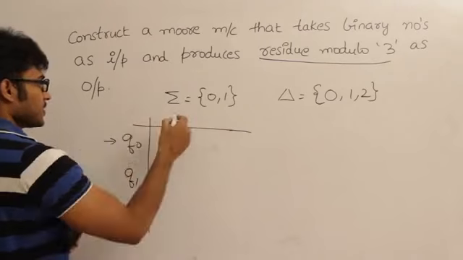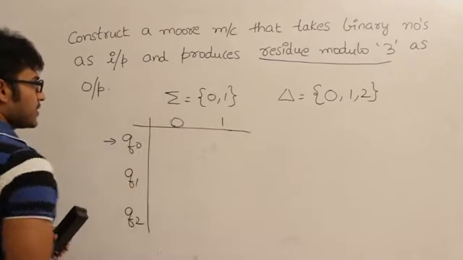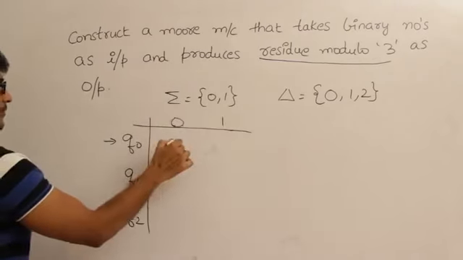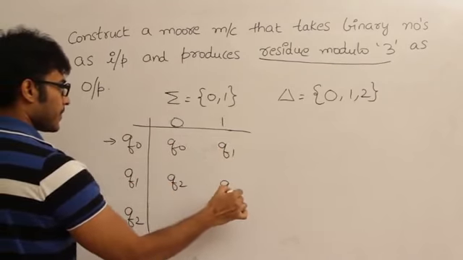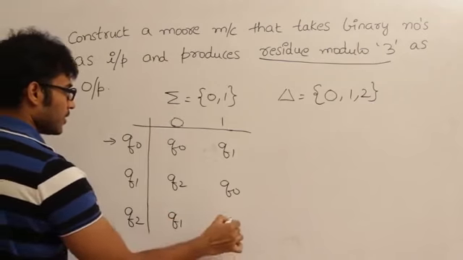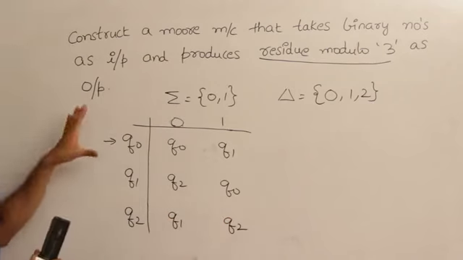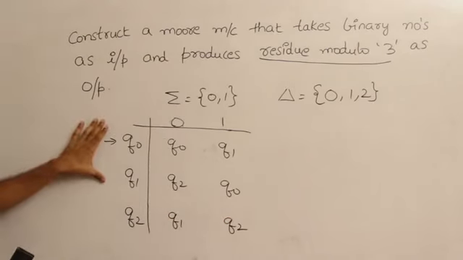The shortcut is to directly draw the state transition table and fill it like this: Q0, Q1, Q2, Q0, Q1, Q2, done. So this is the DFA which accepts the set of all strings which are divisible by 3, in case you have Q0 as the final state.